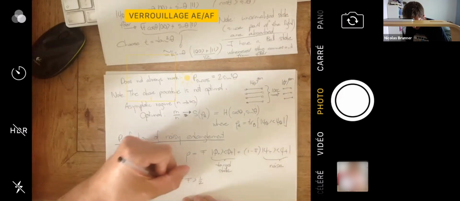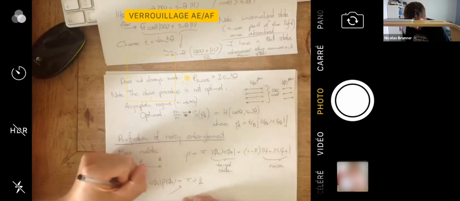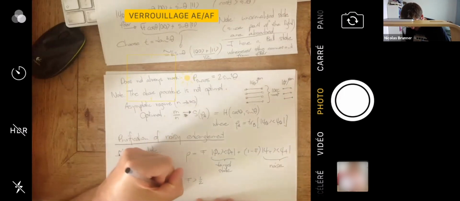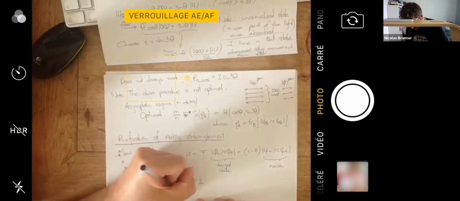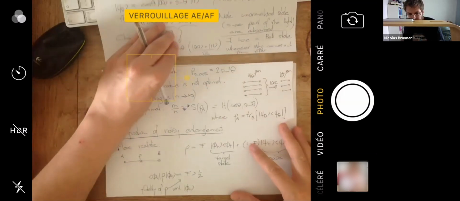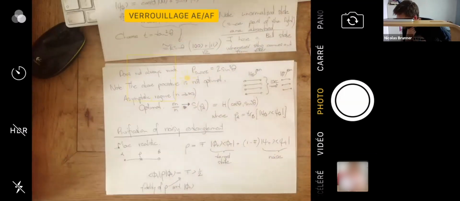So this is really the fidelity of rho with respect to the target state, which is phi plus.